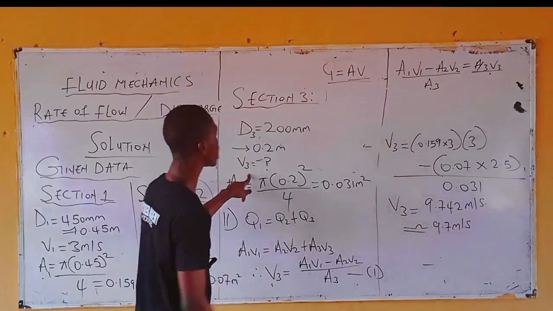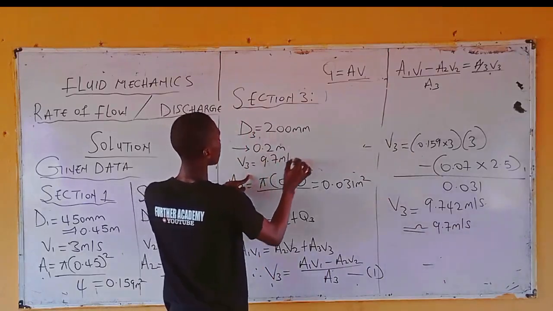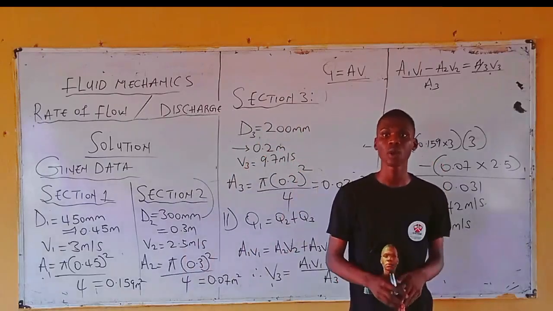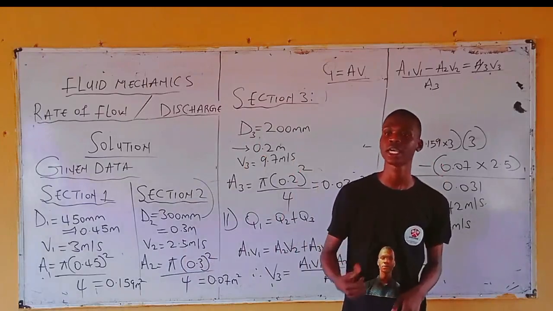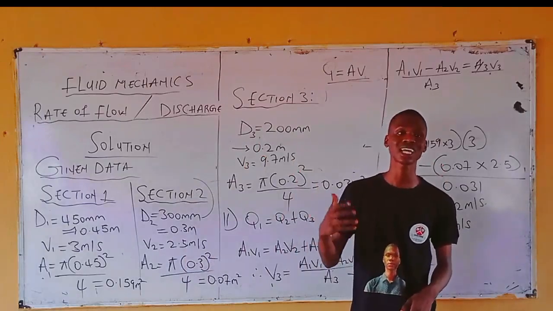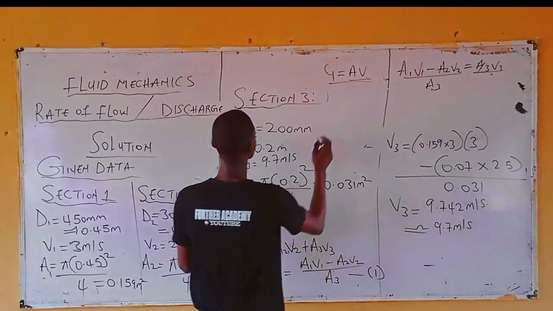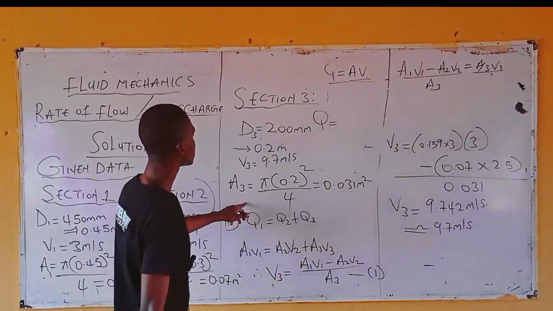Meaning that the unknown here is 9.7 meter per second. We are actually done with the question, right? But to know if you are correct, check if the value satisfies the continuity equation. In section 3, let's get the quantity of flow, meaning the area times the velocity.